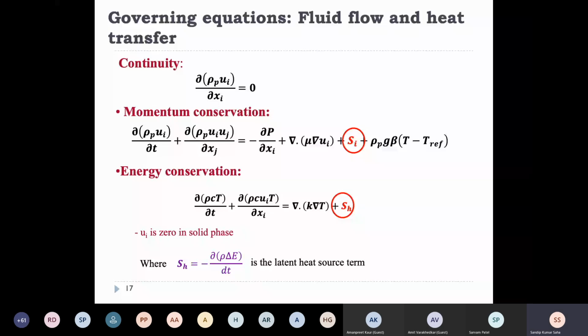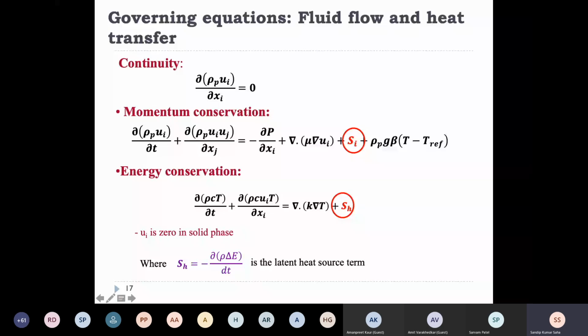That means I have to use some type of switching function which will set the velocity in the solid region as 0 and give a finite velocity in the liquid region. That is the switching function, and SH is nothing but what I derived.